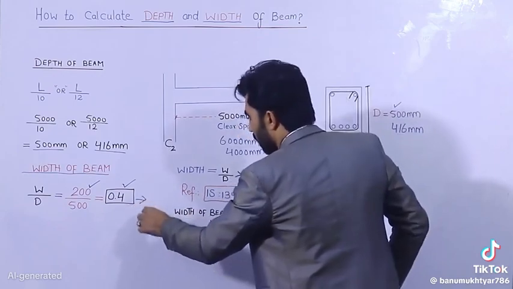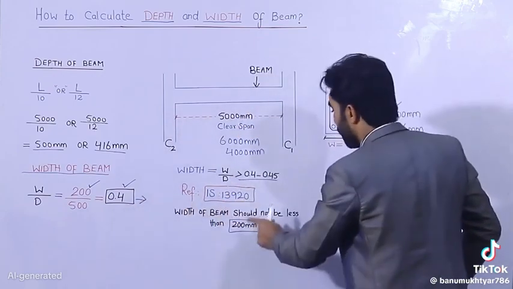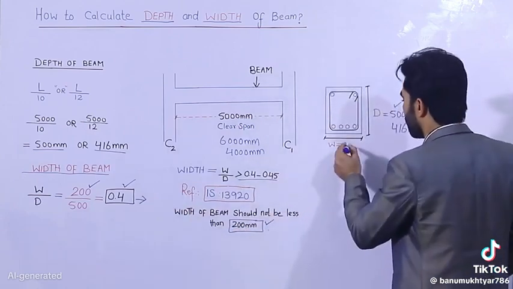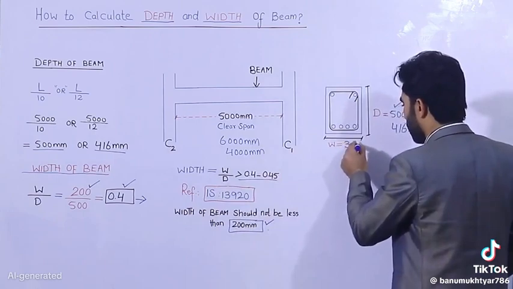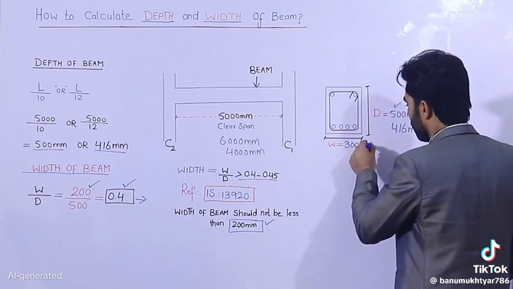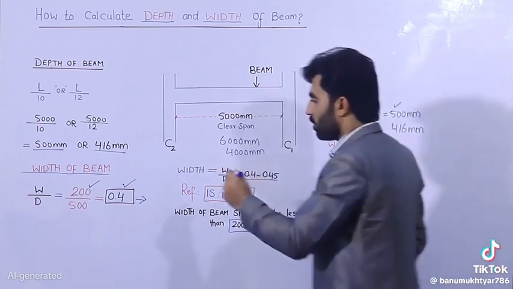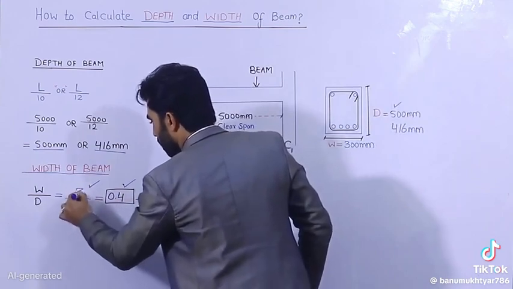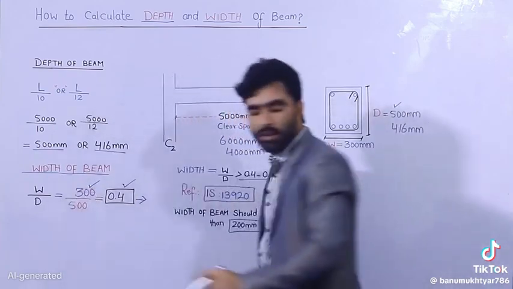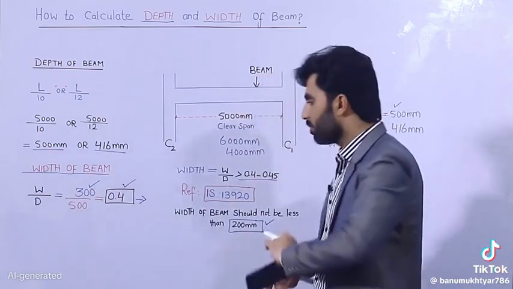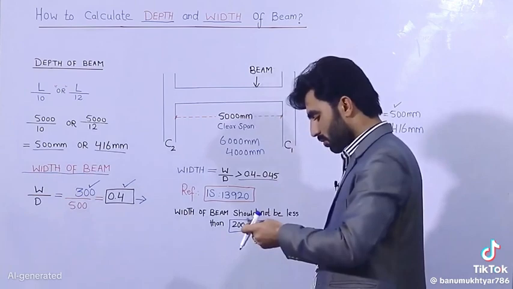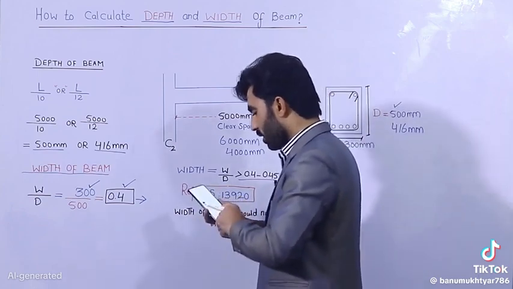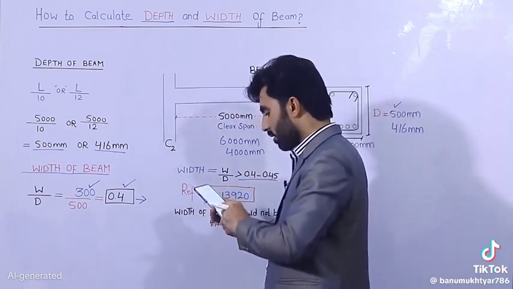So you can keep up to, this is 300 minimum, 200 minimum. So I can increase. So let me take 300 mm. So this is 300 mm. Okay. So if you put here 300, let me do its calculation. So 300 divided by 500. As you can see guys, this is 300 divided by 500.